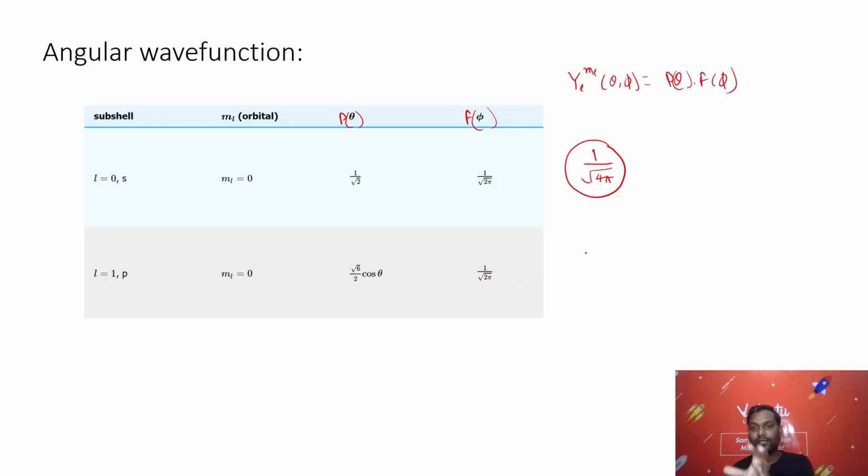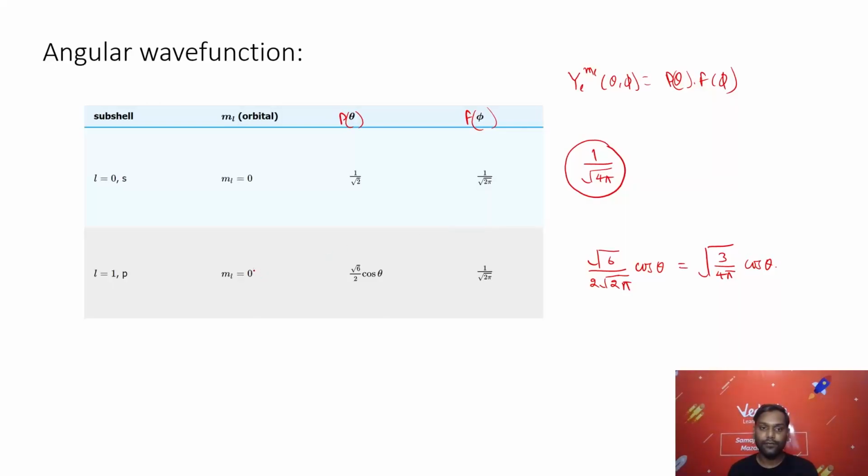Multiplying them will give us the angular wave function, that would be root of 6 upon 2 root 2 pi cos theta, and this would be root of 3 upon 4 pi cos theta. Notice it is independent of phi, right?